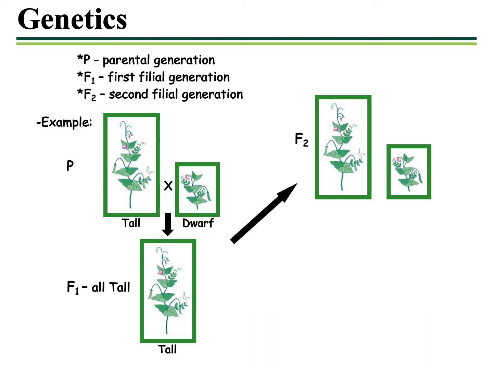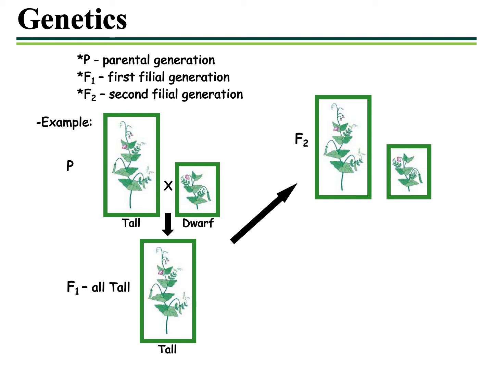In this particular example, he worked with what was known as true breeding plants. That means the plants in the parental cross came from a long line of plants that only ever produced that specific trait. The character he was focusing on was plant height, and the two traits were tall versus dwarf. The tall plant in the parental cross came from a long line of plants that only ever produced tall plants.